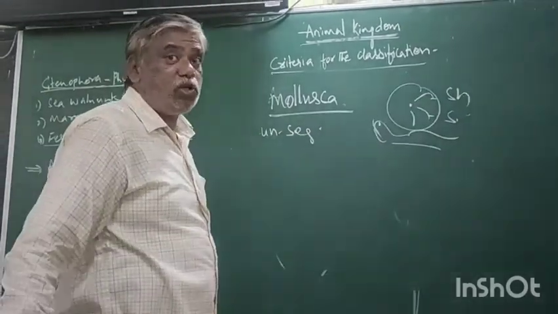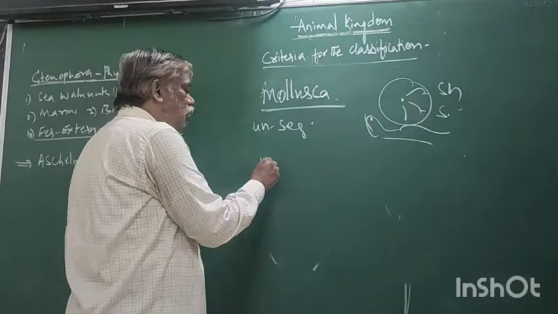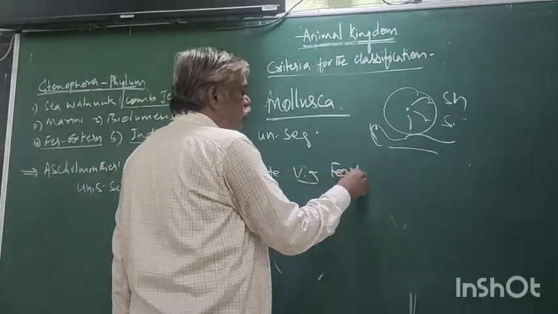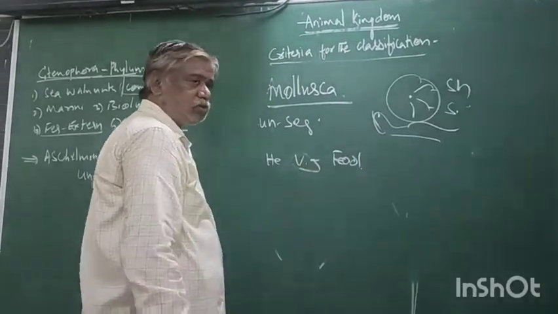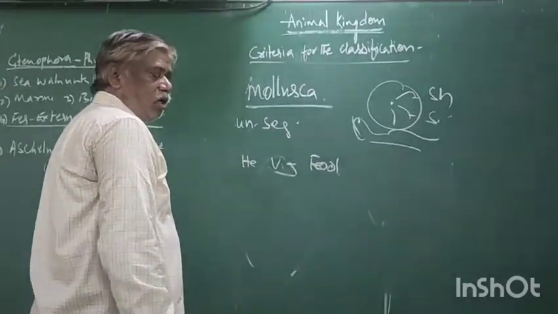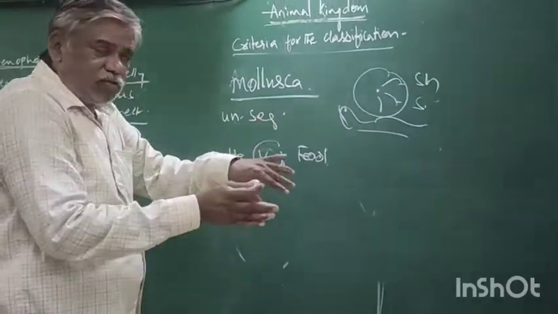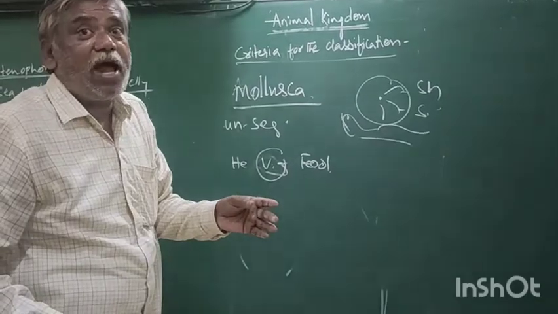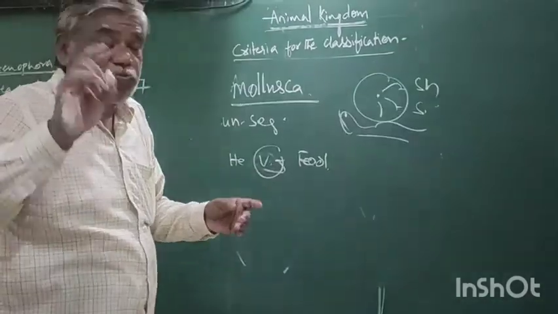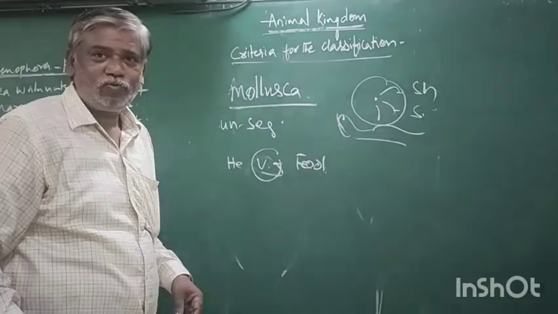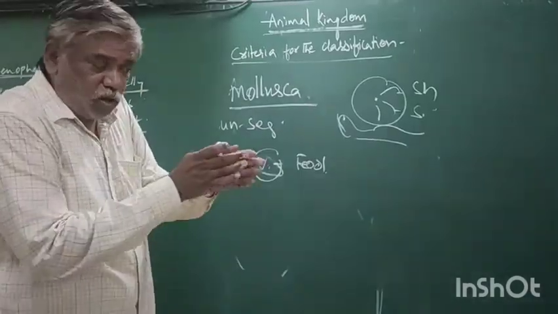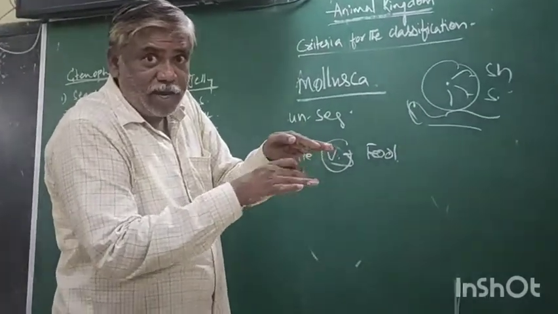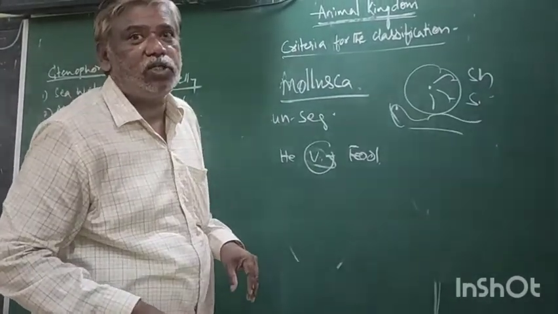The body is divisible into head, visceral mass, and foot. The visceral mass is covered by a layer. The layer is called the mantle. This mantle produces the shell. The space between the visceral mass, body, and mantle is called the mantle cavity.